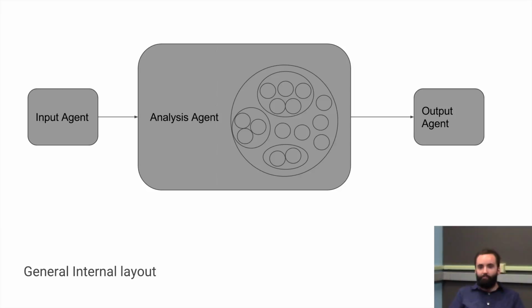So when you say the analysis agent has a lot of state, are these just a bunch of let-bound variables? It's literally a single record, and the record is nested. At the top level, I tried to draw it here. Maybe the top level has 3 records, and one contains 5 records, another contains 3 records, another contains 2 records.